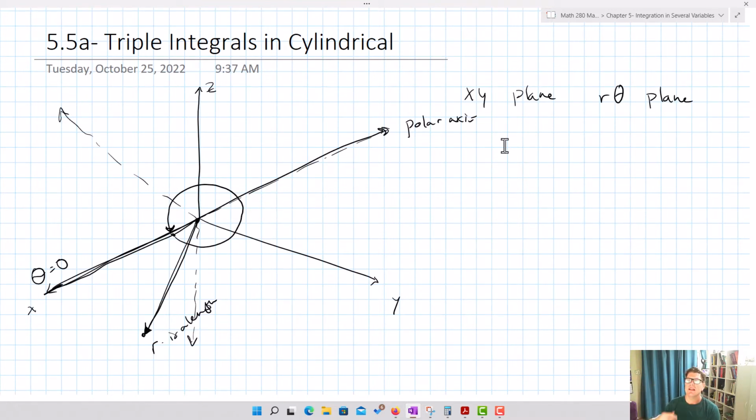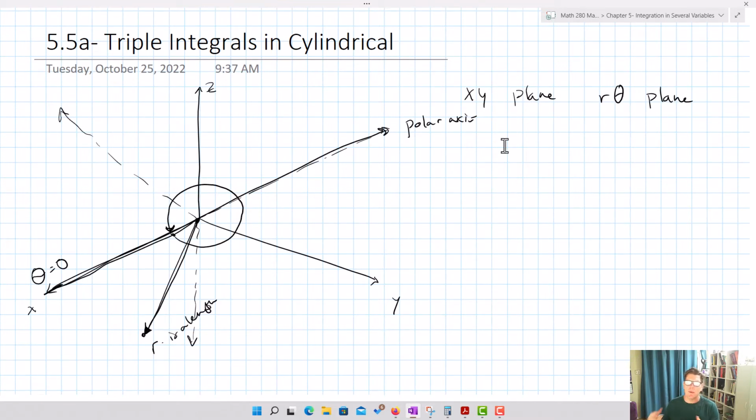The cylindrical system basically just changes the xy plane into the r theta plane, and then has the z-axis. And the reason why it's called cylindrical, we'll see in just a moment, is because we can actually define cylinders in a very, very simple way using the cylindrical system, and hence why it's called cylindrical.